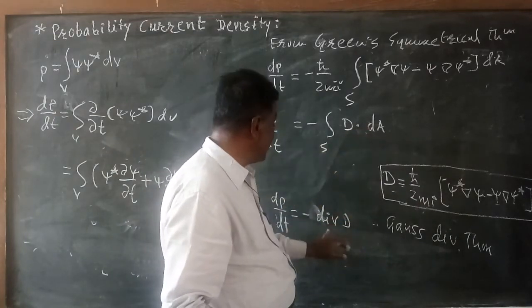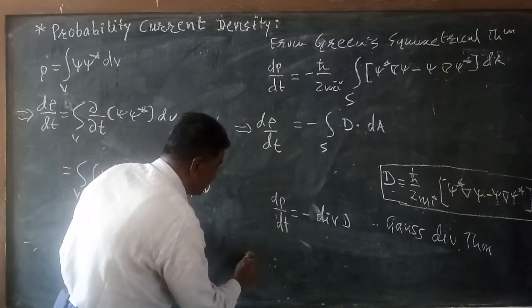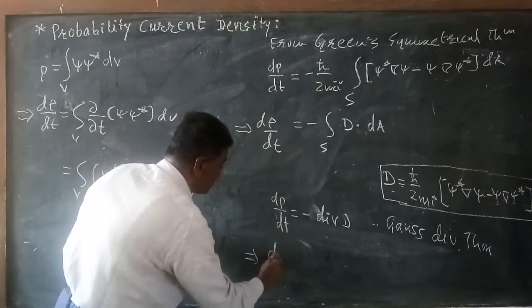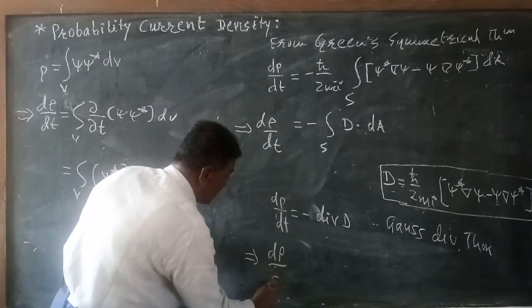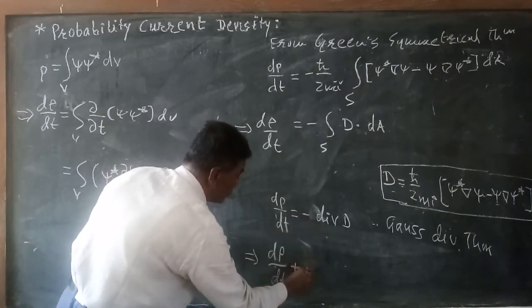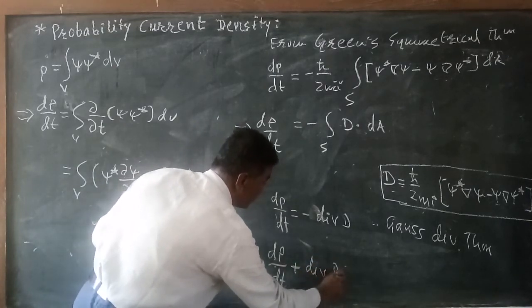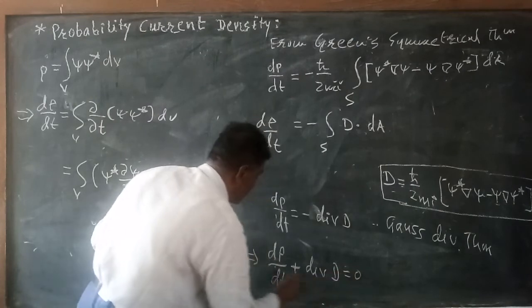D dot dA gives rise to divergence of D, and finally this can be written as dP divided by dt plus divergence of D, with the plus sign taken to this side, equal to 0.